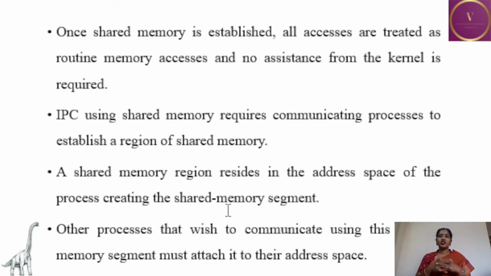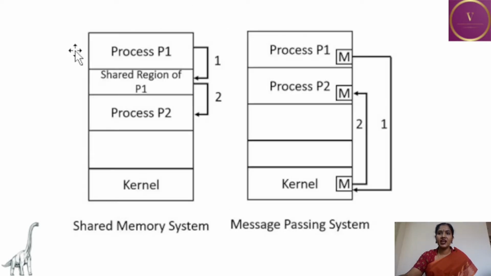The next is, as I said earlier, the shared memory region resides in the address space of the process which is creating the shared memory segment. When you look at this diagram, the shared memory region is being created by process P1, right?